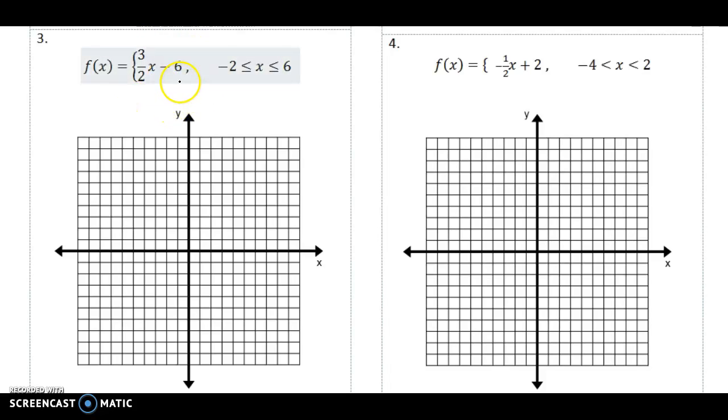So my y-intercept is -6. So on my y-axis, I'll go down 1, 2, 3, 4, 5, 6, and put a dot there.